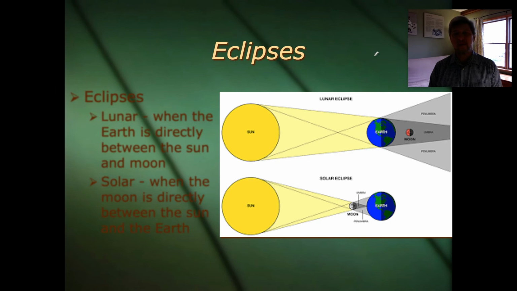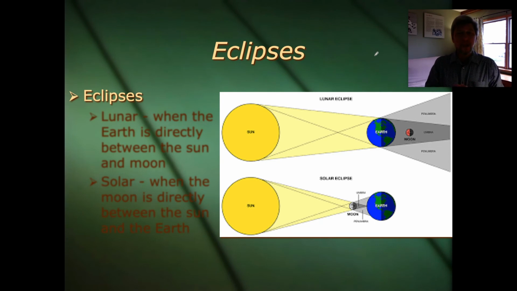You can have what's called a lunar eclipse, which is when the moon kind of disappears or is overshadowed in the sky. And you can also have a solar eclipse where the sun is eclipsed and kind of is overshadowed in the sky. Now, this is all, of course, due to our perspective, standing on the Earth.